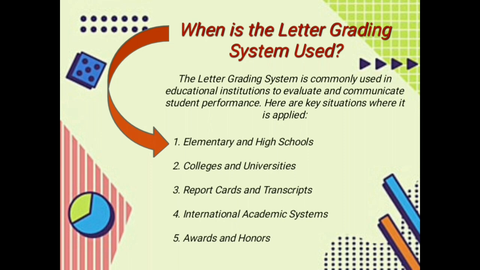Then, sa number 5, awards and honors. Ginagamit po ito para ma-determine yung eligibility nung student for academic recognition. Like, for example, kung mag-a-apply siya sa Dean's List, sa Latin Honors, and many more na included sa mga academic performance.